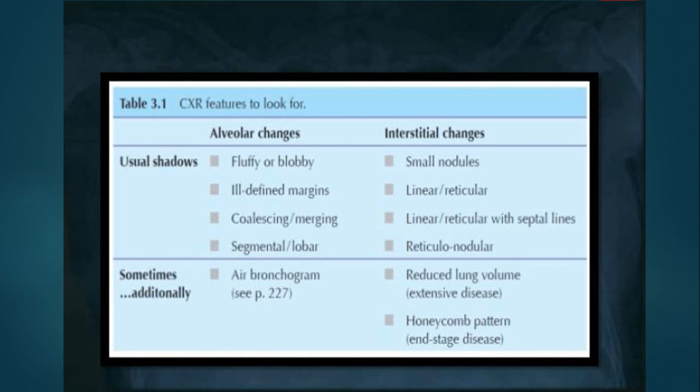Now, how can we differentiate between alveolar or airspace disease and interstitial disease on a chest X-ray?